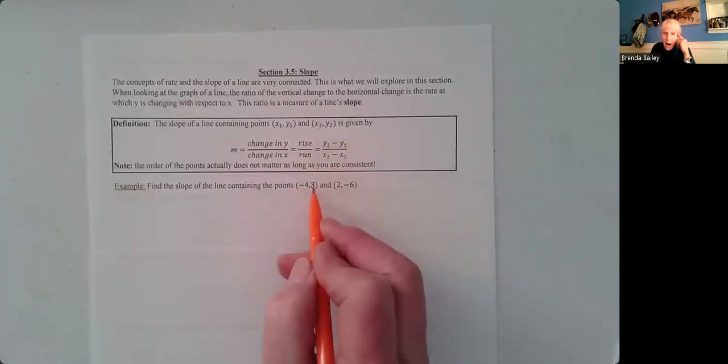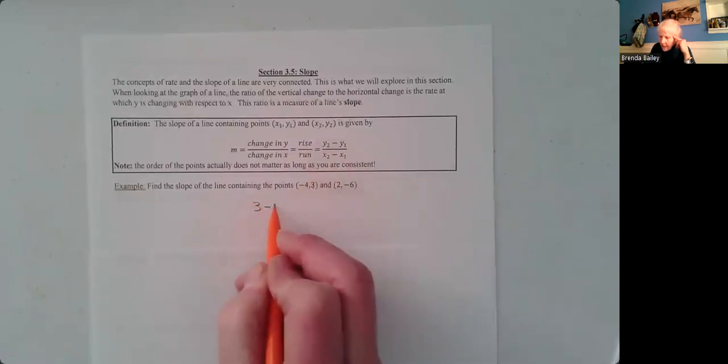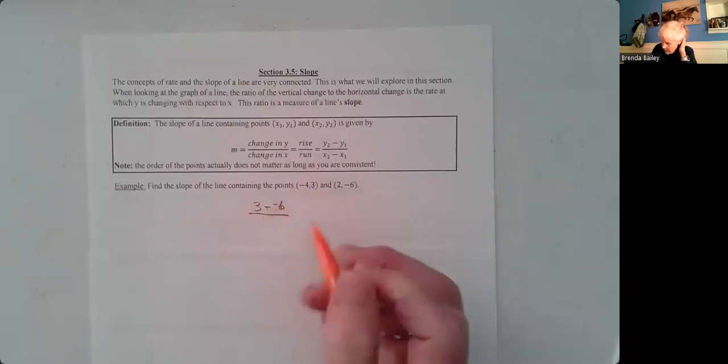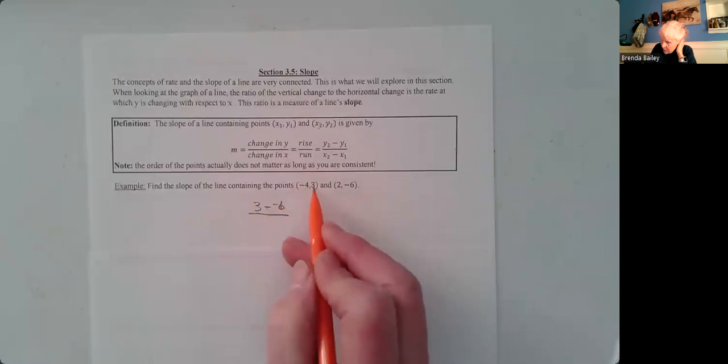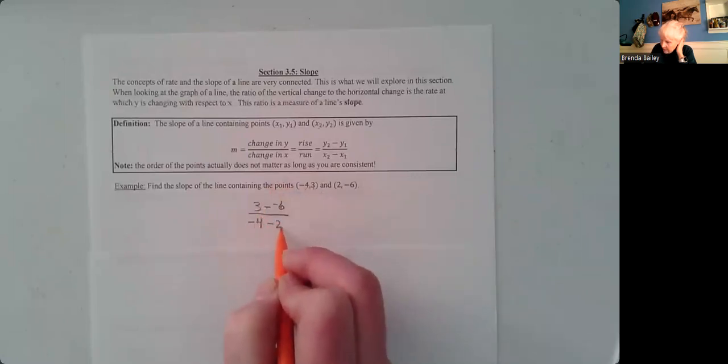You start with the y's. So you've got 3, subtract a -6. It's always subtraction. And then since we started with the 3, we'll start with the -4 underneath in the denominator. -4, subtract 2.